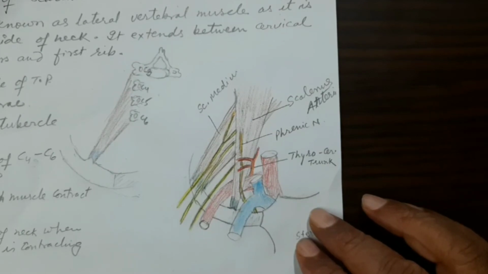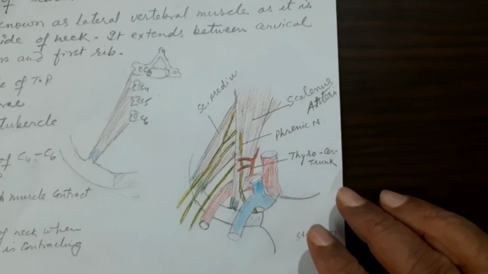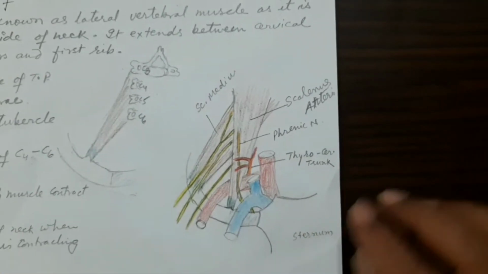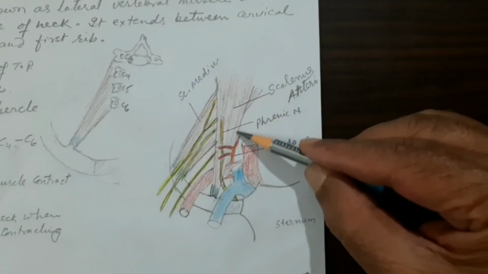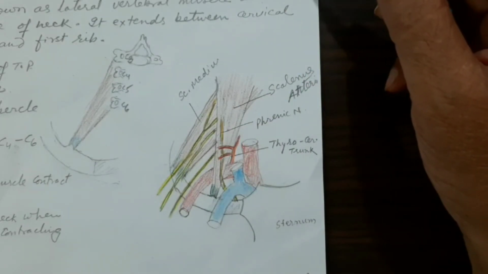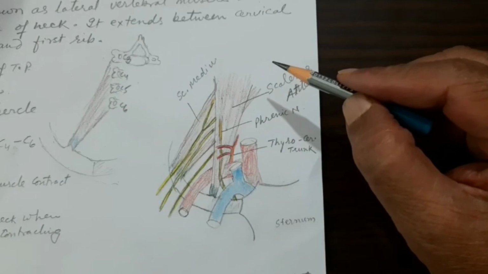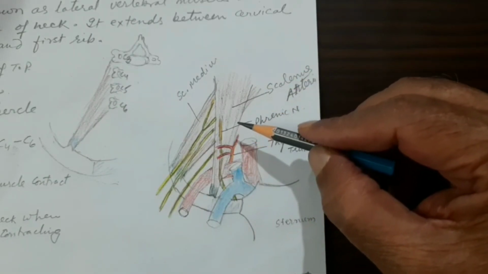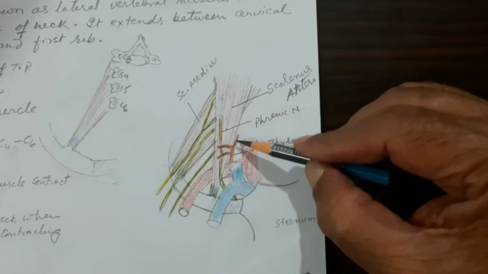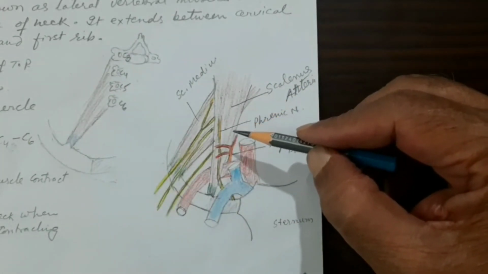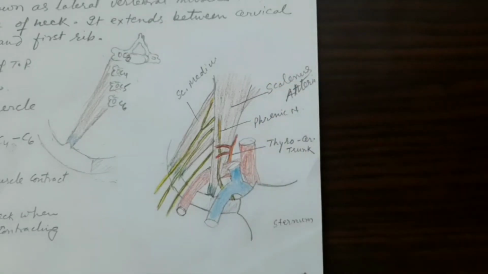Let us go to the other two relations, the medial and the lateral relation. What is lying on the medial border? It is the thyrocervical trunk, running upward along the medial border of the scalenus anterior muscle, and then above it comes the vertebral artery, again a branch from the first part of the subclavian artery.